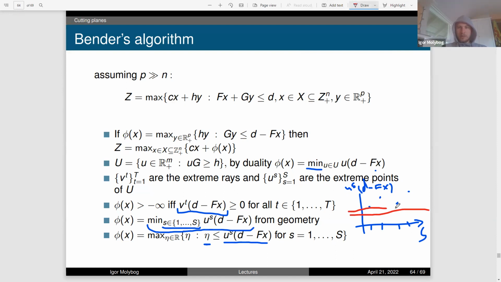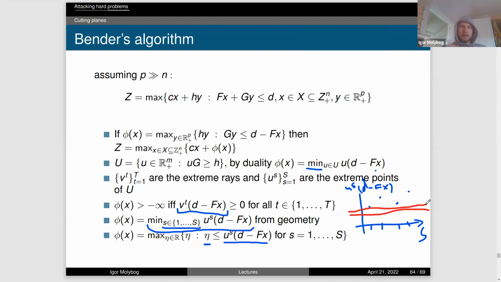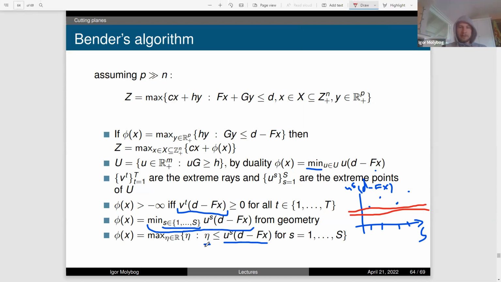There are obviously many values that are smaller than all of these numbers, right? For all s from 1 to capital S, the value of the minimum among these blue points will coincide with the maximal lower bound, which is the maximal value of eta.